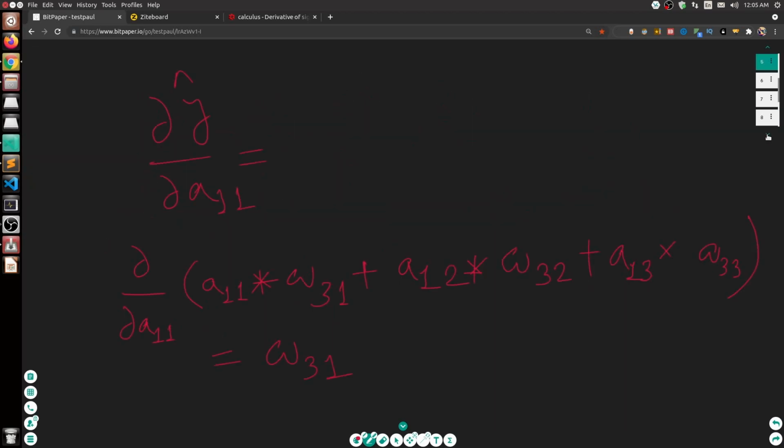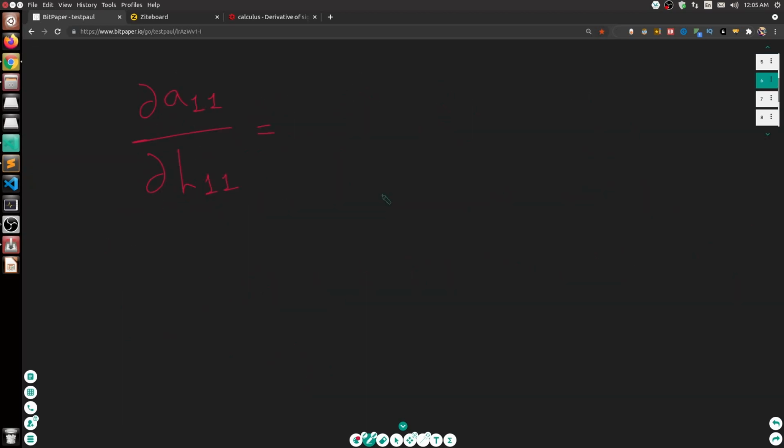So we have to know the derivative of a sigmoid function. Let's forget this line for now. First see what is the derivative of a sigmoid function.